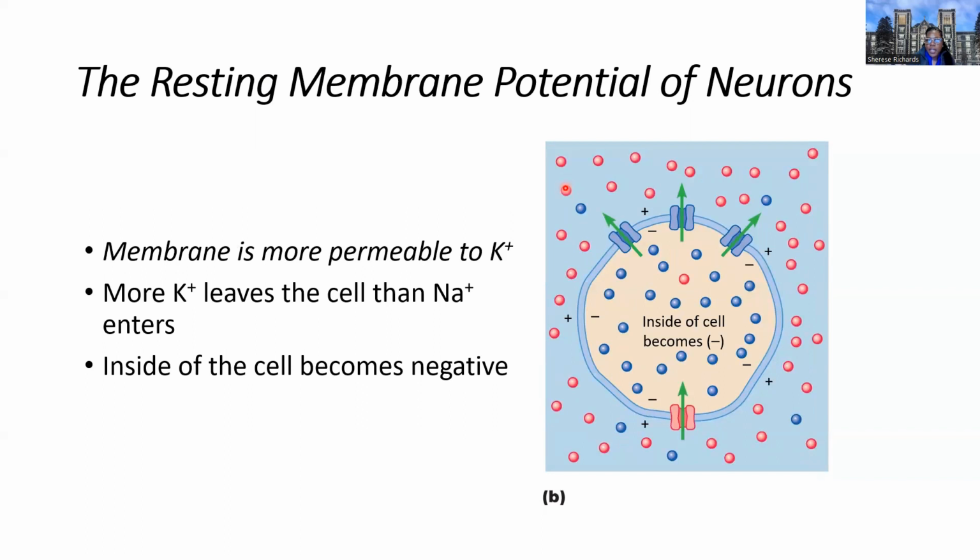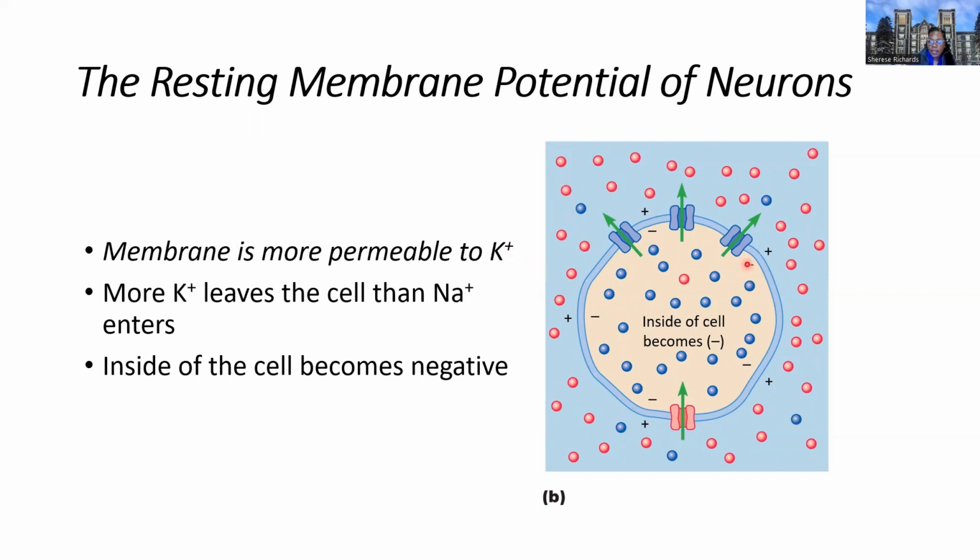Now, when we think about the electrical force, bringing into the picture the permeability is important because, as we mentioned earlier, potassium has more channels, right? The cell is more permeable to potassium's movement than it is to sodium.